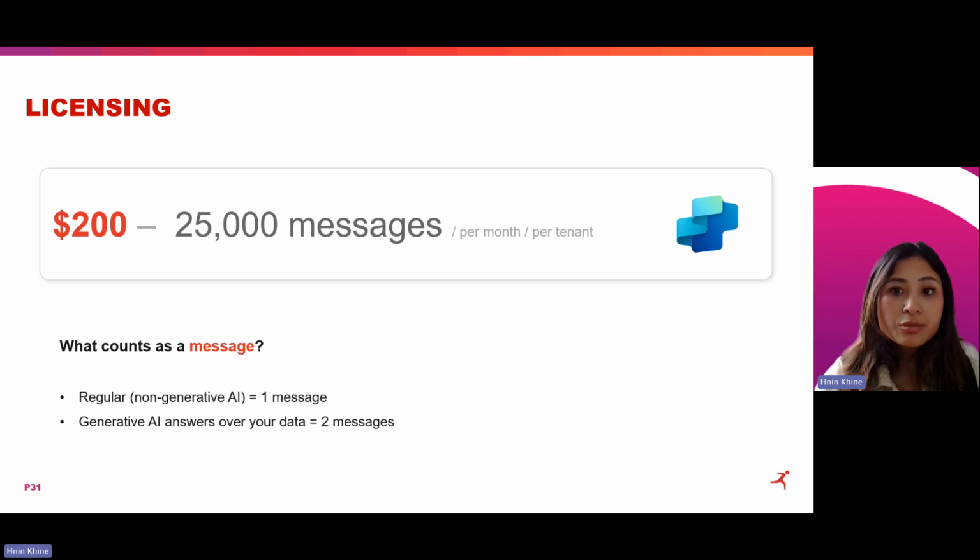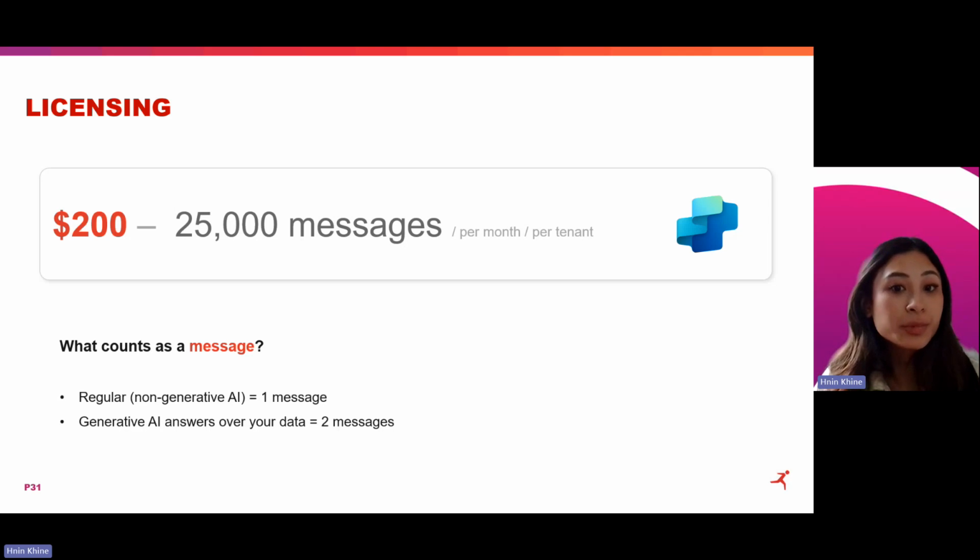Now, just to walk through quickly the licensing perspective. Copilot Studio is a separate license from the M365 Copilot that many of you are already aware of. Copilot Studio licensing works with $200 each month, and this is not per user, this is per tenant, and you can assign as many Copilot Studio admins as you need.